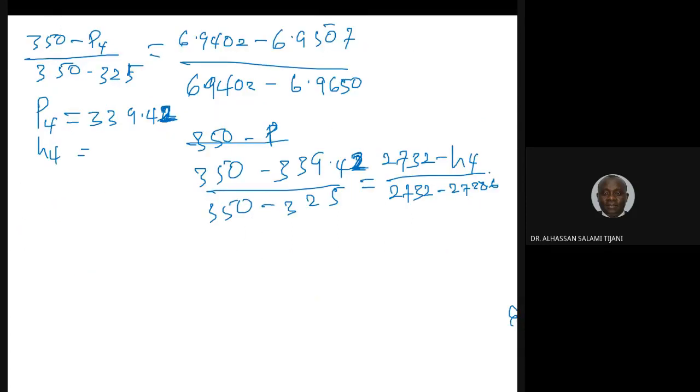Okay, so can you solve this also? Let's see what is H4.